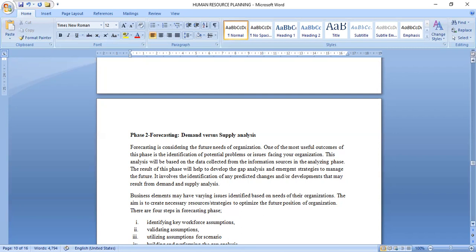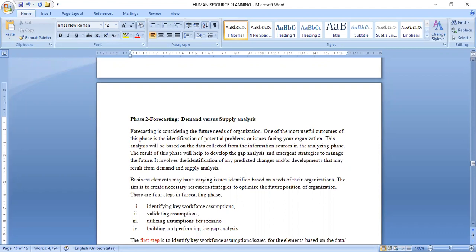And here with forecasting, basically, forecasting is to predict. Yeah.